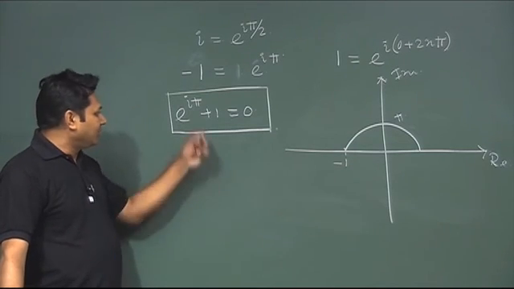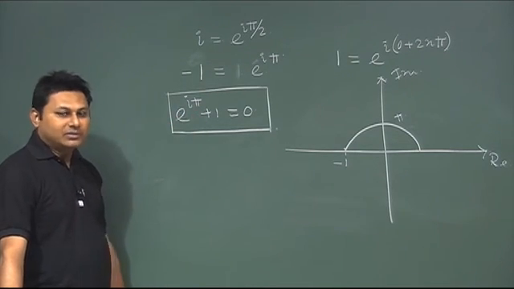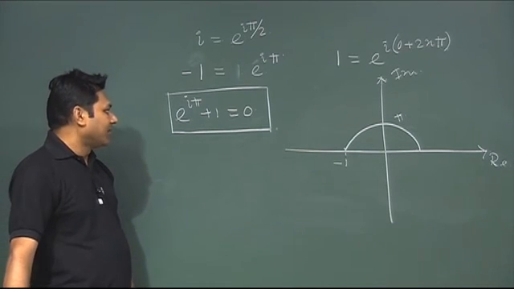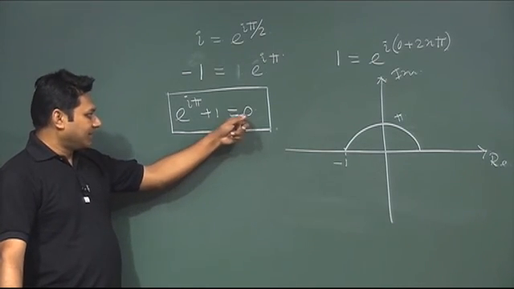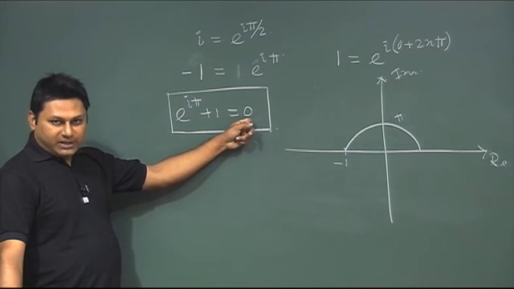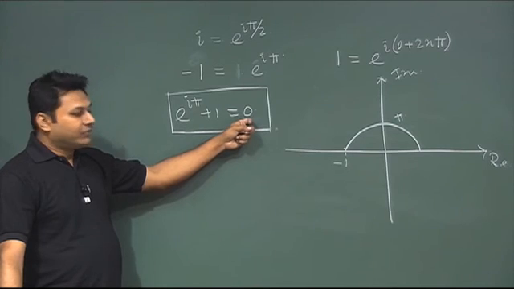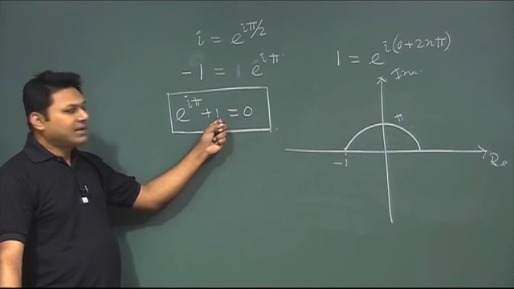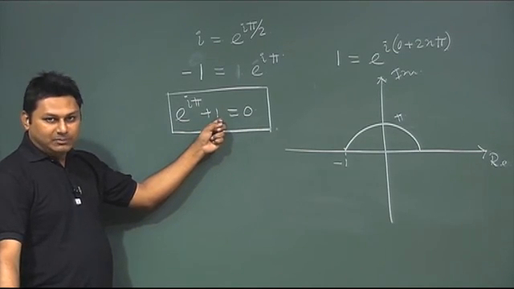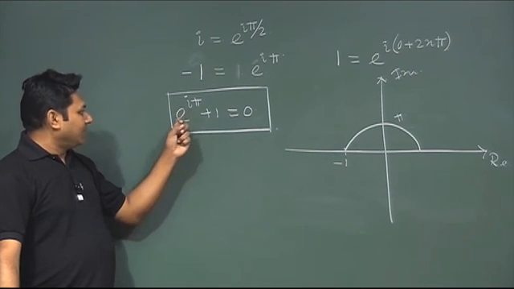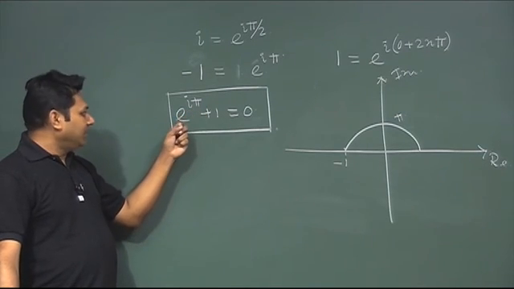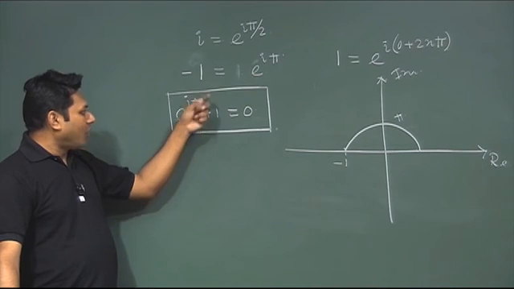This pi and e are always used in different parts of physics. But you should also appreciate the fact that 0 is very important in math, because it is the identity element for the addition operation, and 1 is the identity element for the multiplication operation. Pi is very important, e is very important, i is very important, all these things are together.